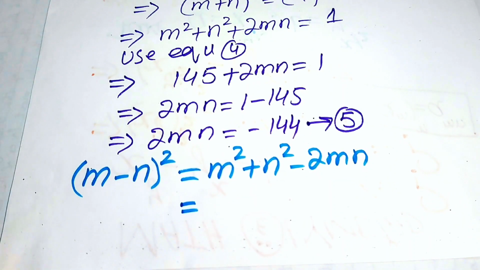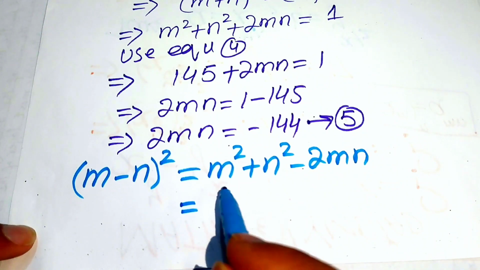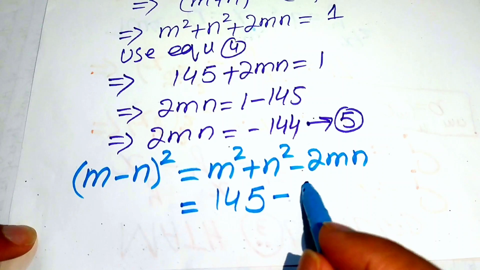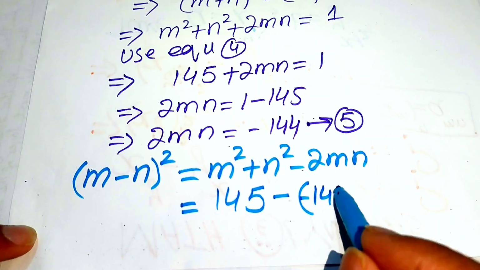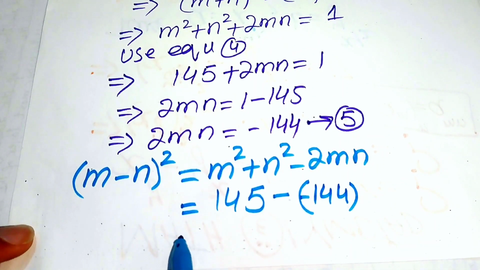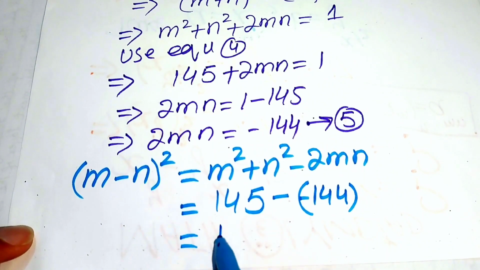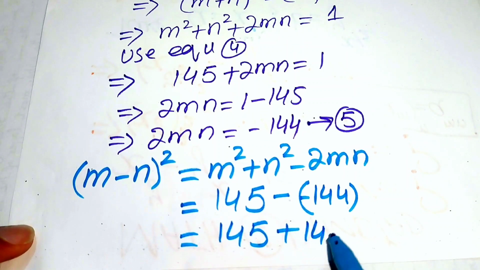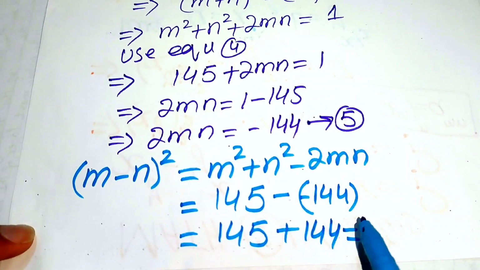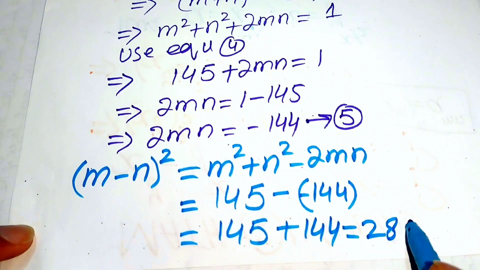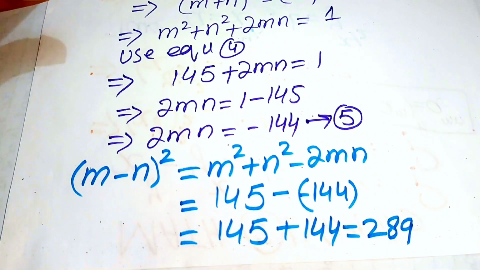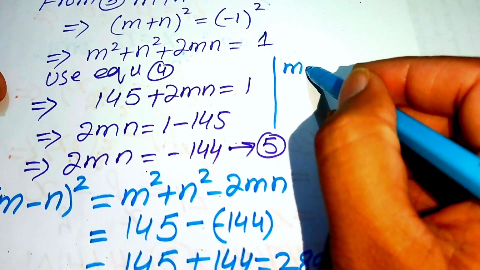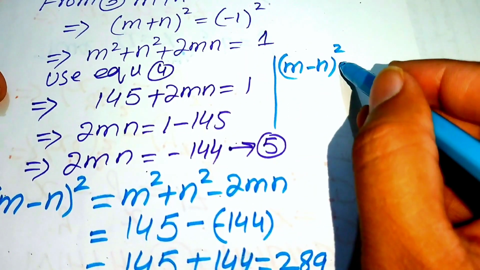We use these two values here, and we get 145 minus 2mn equals 145 minus (minus 144). Minus times minus becomes plus, so we have 145 plus 144, and we know that it equals 289.